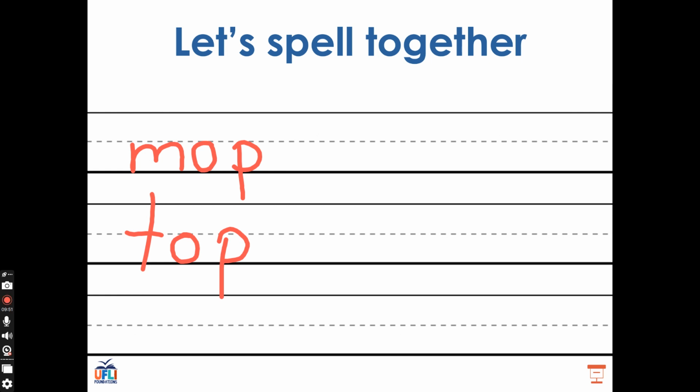What do you notice about the words mop and top? Good, they're rhyming words. They both end in the same two letters, o-p. Let's write one more word. Let's write the word mom. What sounds do we hear in mom? Mmm, ah, mmm, mom. The first sound I hear is mmm. What letter says mmm?